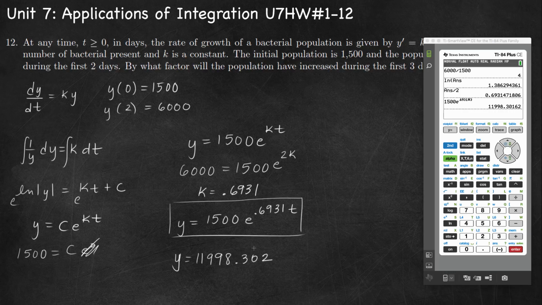Now we started out at 1,500. We want to know by what factor has the population increased. So in other words, 1,500 times what equals 11,998.302.